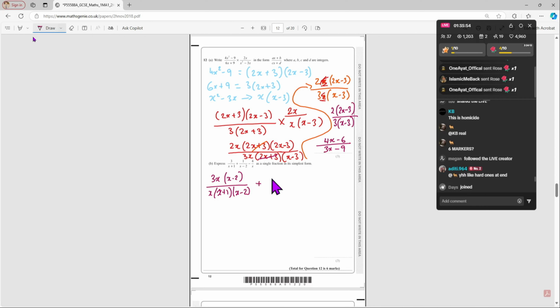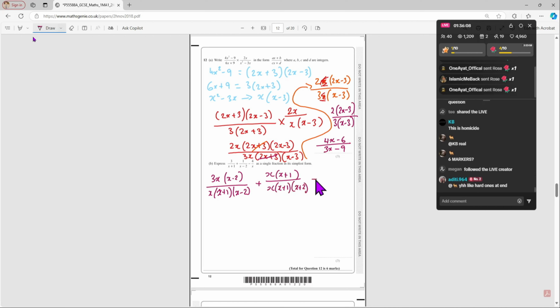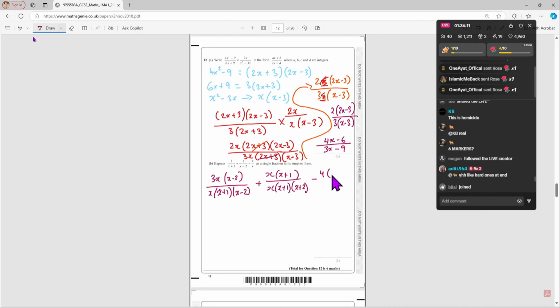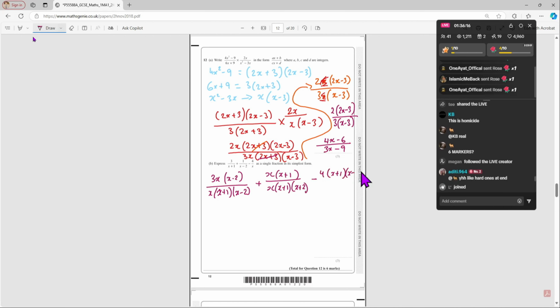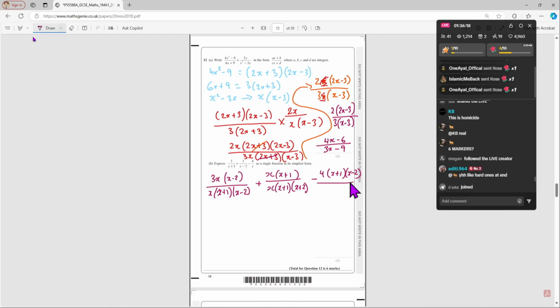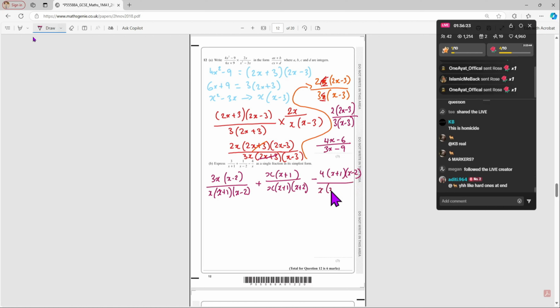Then plus x and then x plus 1 over x plus 1, x minus 2, minus 4, x plus 1 and then x minus 2 over x plus 1, then x minus 2. So you got the common denominator.